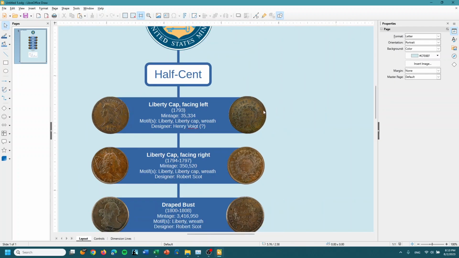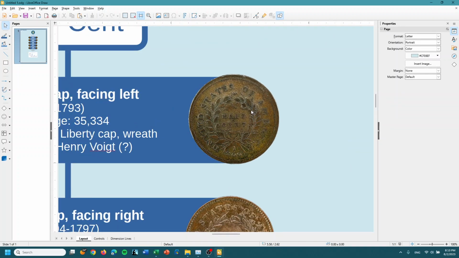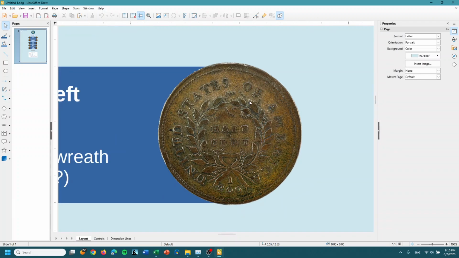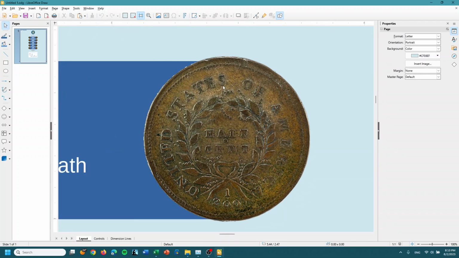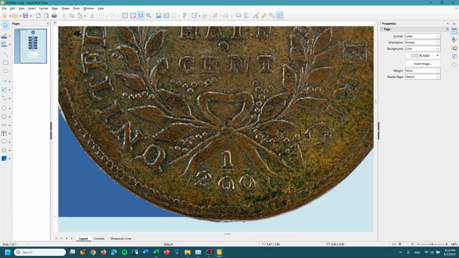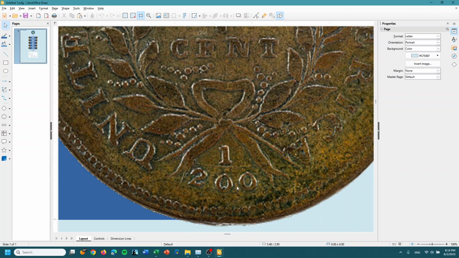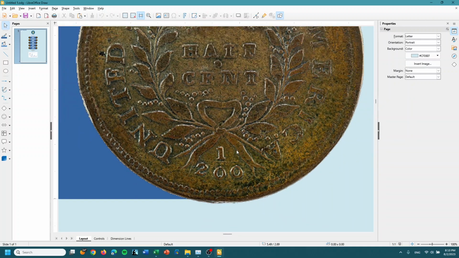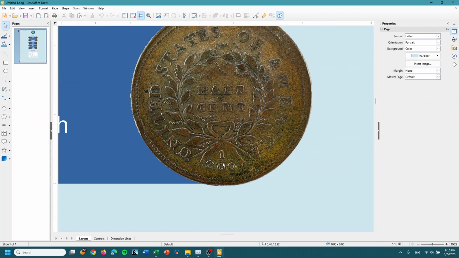And on the reverse side of the coin, you have the wreath in the middle here, with half cent in the center and United States of America all around it. Now, an interesting part of this design is they actually include a fraction over here, 1 over 200, rather than just having 0.005 there.